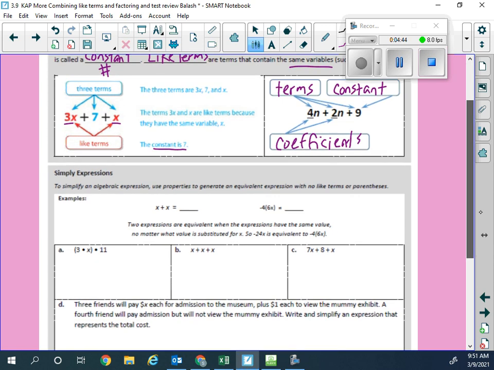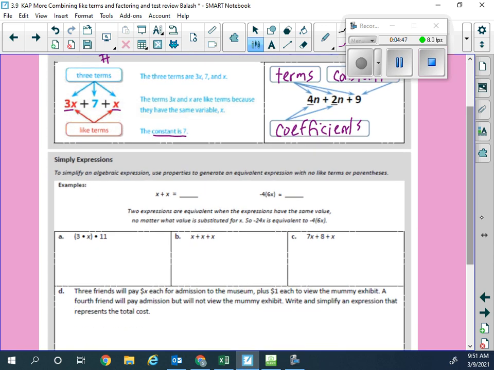Okay, so when it comes to simplifying expressions, we've kind of already, like I said, been doing this. Like on the first one, x plus x would be 2x. Can't go any further. Negative 4 times 6x would be negative 24x, okay? It says two expressions are equivalent when the expressions have the same value, no matter what the value is substituted for x, okay?